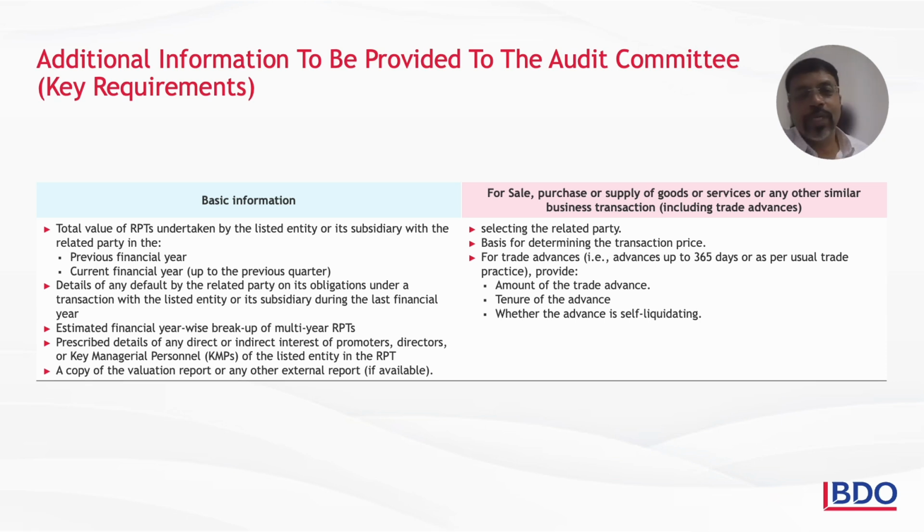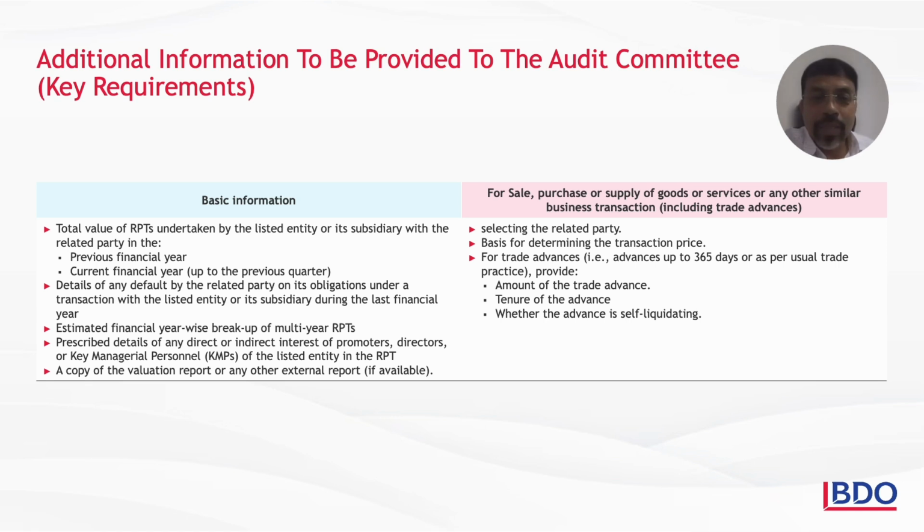Let us get into the information that needs to be supplied to the audit committee now. Part A consists of the basic information. This provides for the total value of the RPTs undertaken for the previous financial year as well as the current financial year. In case the related party has defaulted in any of its obligations during the last financial year, that fact should be brought in.